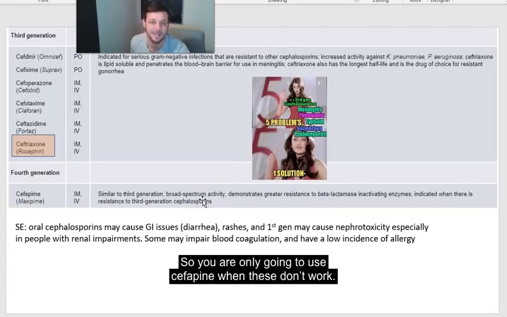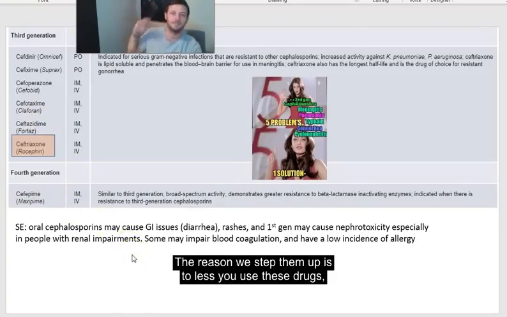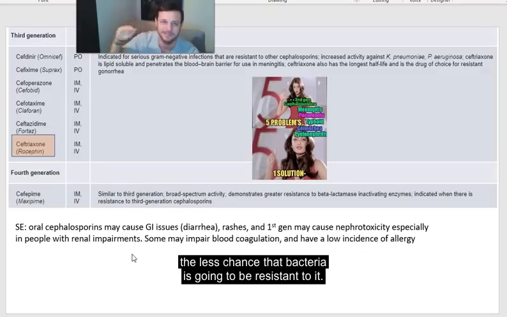And only indicated, so you're only going to use cefepime when these don't work. The reason we step them up too is like, the less you use these drugs, the less chance that bacteria is going to be resistant to it, right?